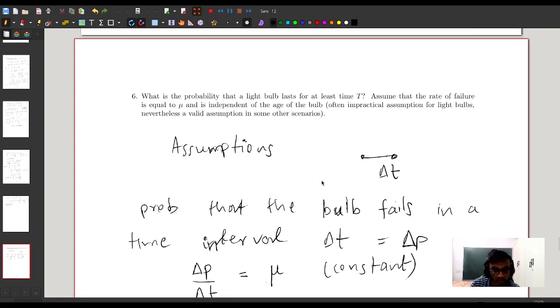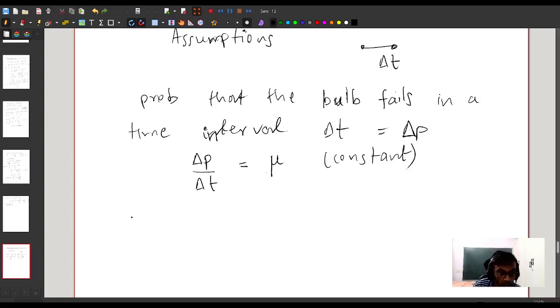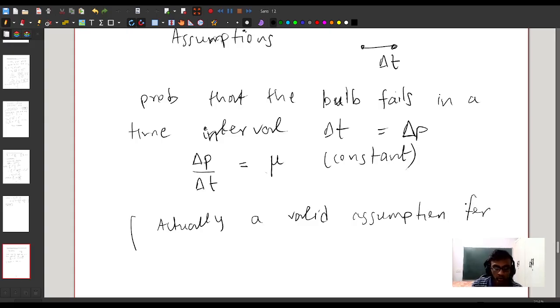Like I said, this is not a very practical assumption for light bulbs because they age, but nevertheless there are contexts in which this is a valid and reasonable assumption. So let me write that: it's actually a valid assumption for radioactive decay.